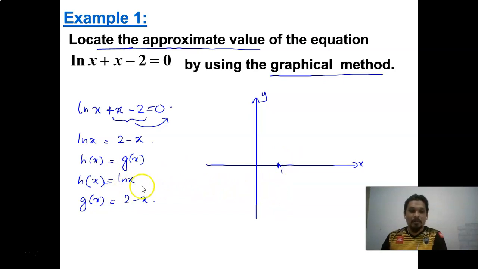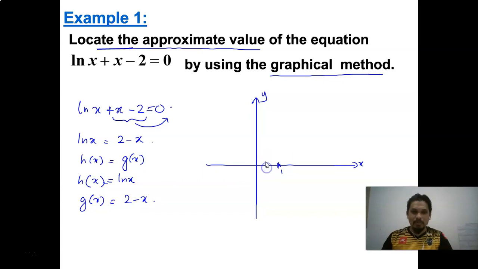When x equal to 0, natural log of 0 is undefined. Let's say x equal to 1 over 2. What's going to happen to the graph?